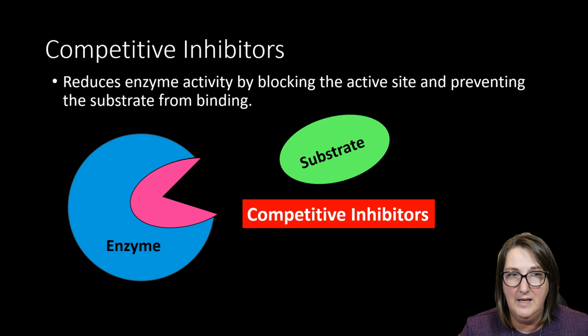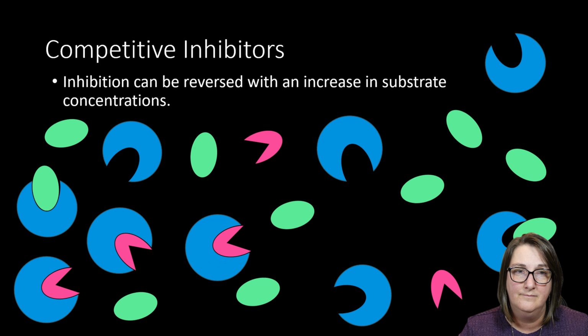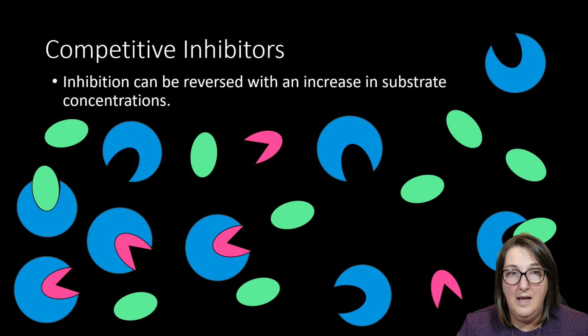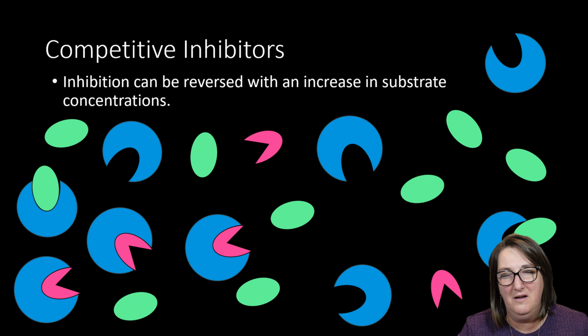So competitive inhibitors are going to reduce this enzyme activity by blocking this active site and preventing this substrate from coming in and binding. Inhibitors, that's hard to say. The inhibitors can be reversed with an increase in substrate concentrations.